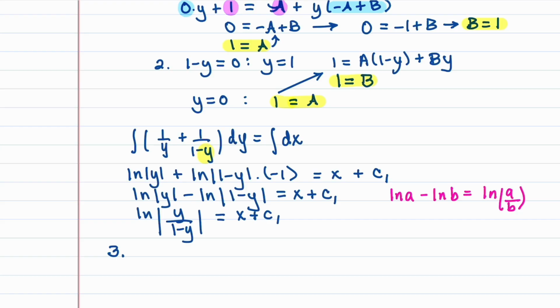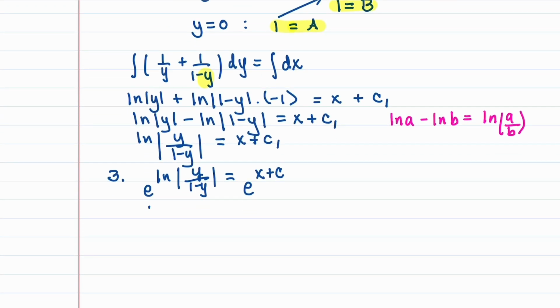We need to get our y's out of the natural log, so we are going to have to exponentiate each side. This gives us e to the natural log of y over 1 minus y is equal to e to the x plus c1. On the left, we have y over 1 minus y. I'm going to try to write more neatly.